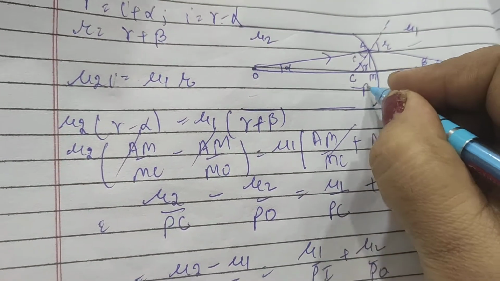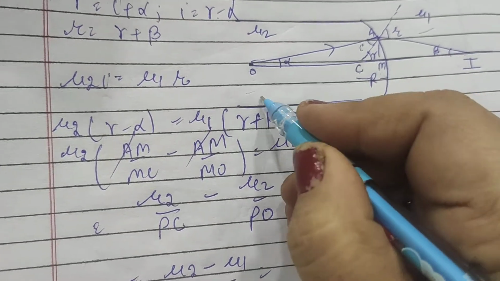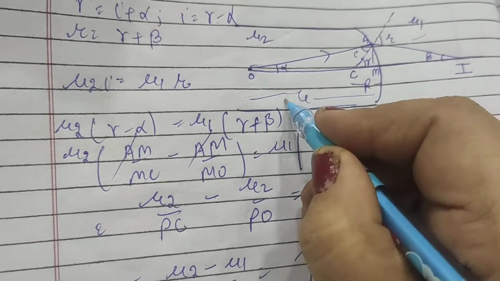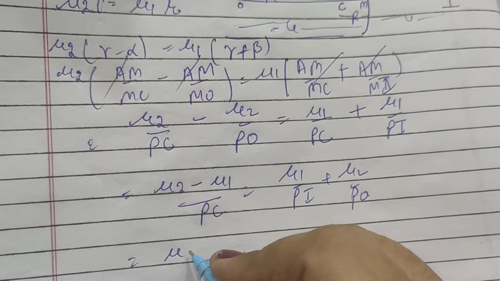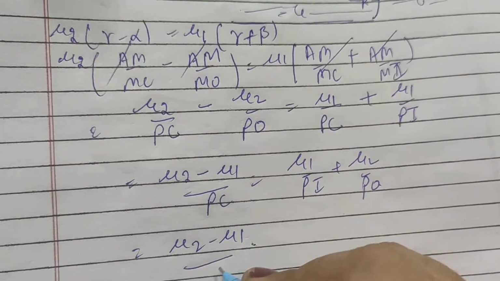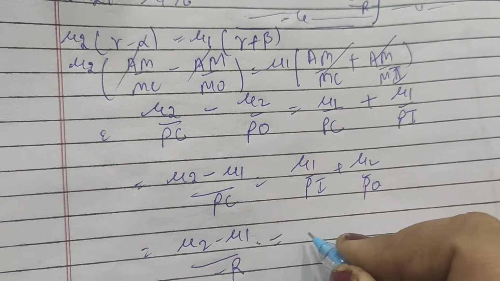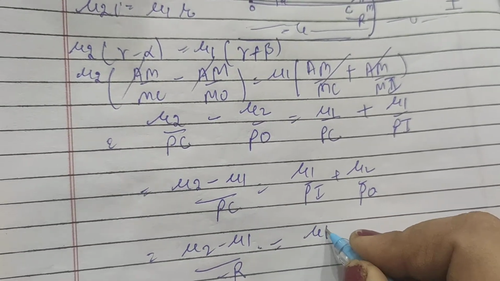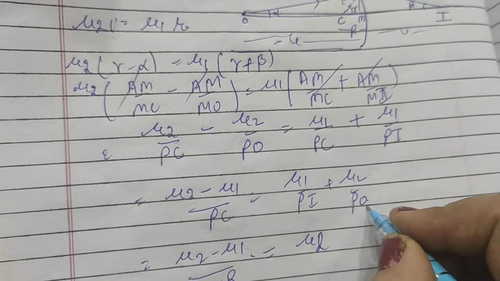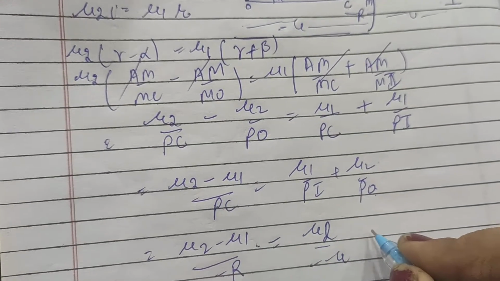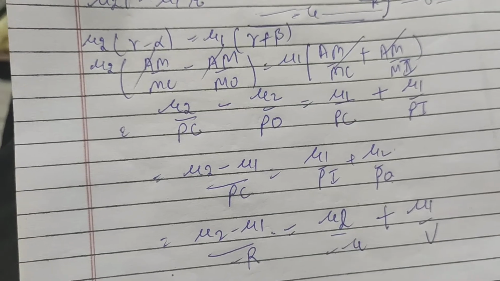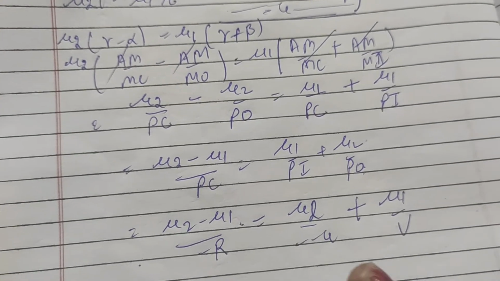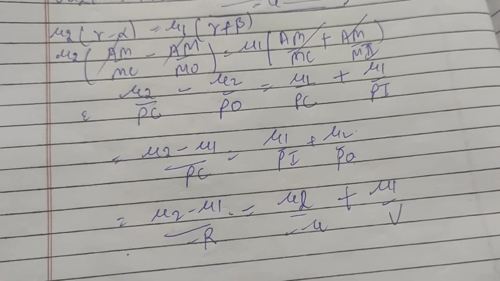This is minus R and this is minus u, but v is positive. So putting the values, this is mu2 minus mu1 upon minus R is equal to mu1 by v plus mu2 upon minus u. You can see here that every term is the same, just mu1 is replaced by mu2 in this expression.